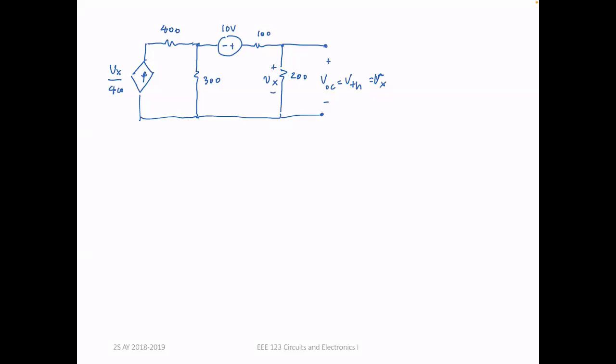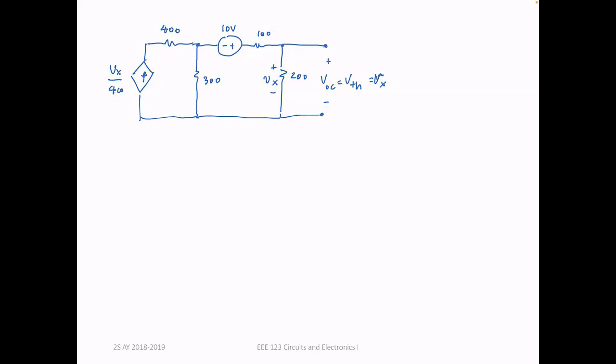So how do I compute for V sub x? Again, you have plenty options here. But I guess the first option that you probably will think of would be nodal analysis. Pwede, no? Pwede mag-nodal analysis dito. Okay.